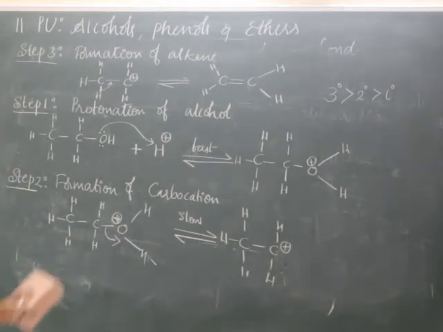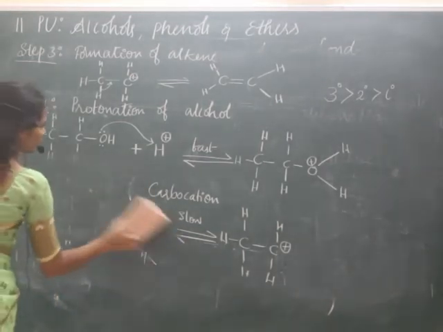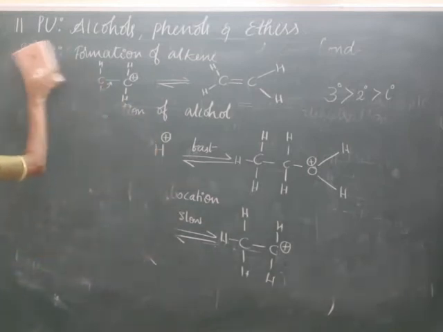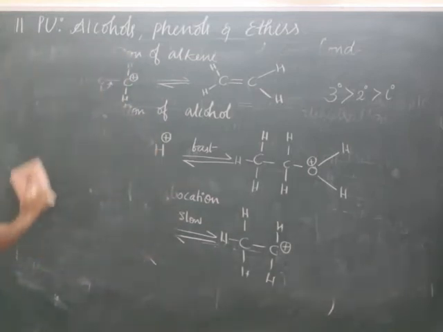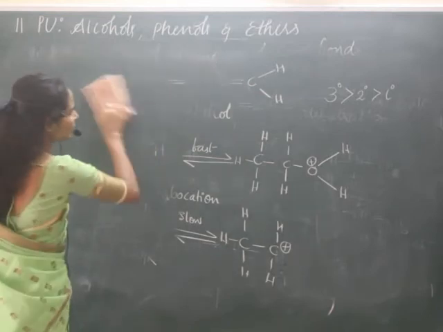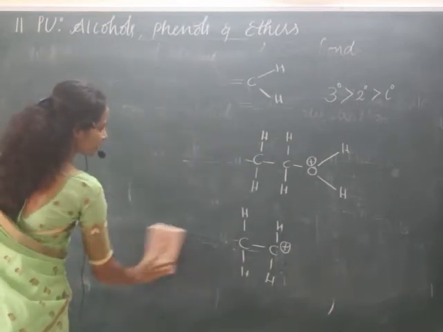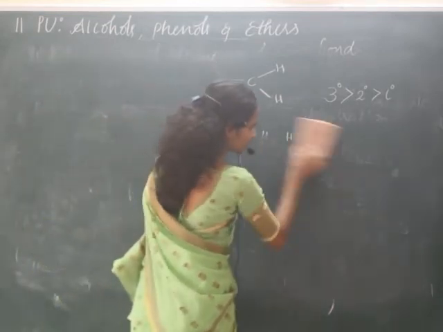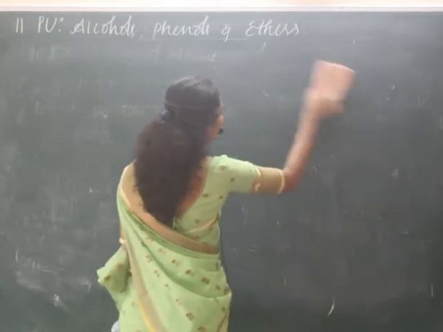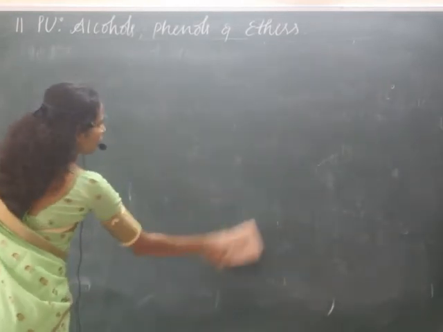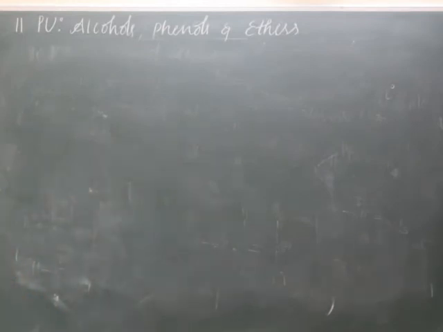Let us move to the next reaction, that is oxidation reaction. We already studied reduction reactions, where we studied reduction of aldehydes or ketones or carboxylic acids to form alcohols. In preparation, we have studied reduction.